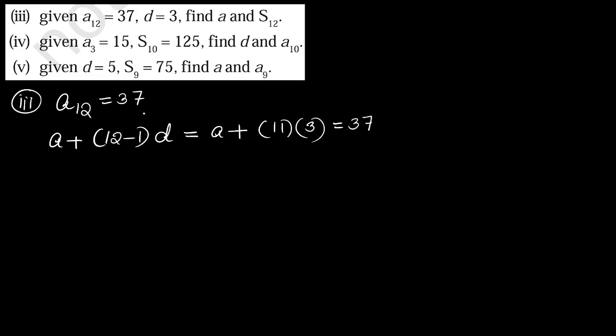You can ask me doubt, but let me complete some 3 or 4 steps. a plus 33 equals 37. Rearranging, a equals 37 minus 33, which is 4. The question contains a and S12. So I got a.